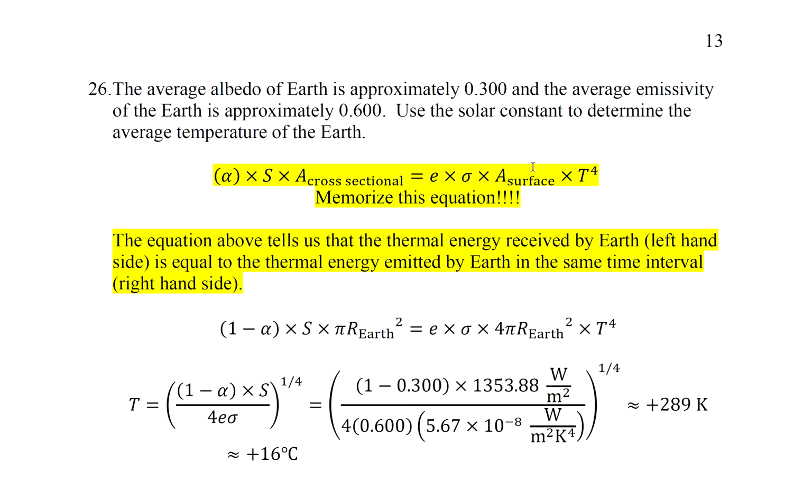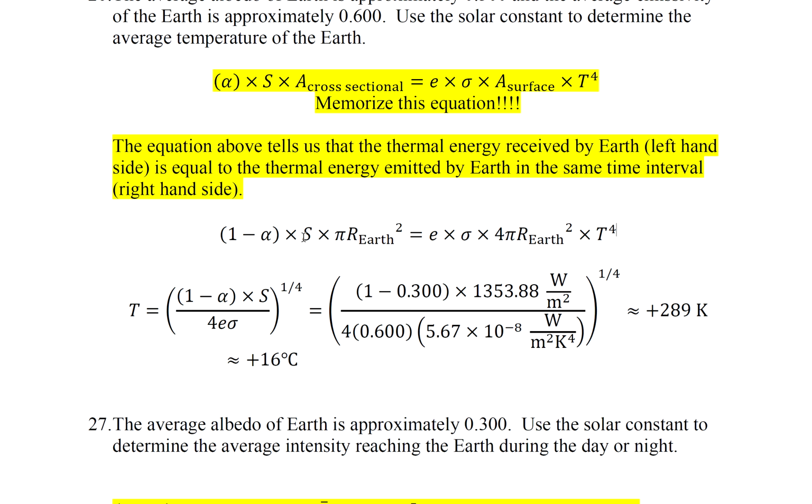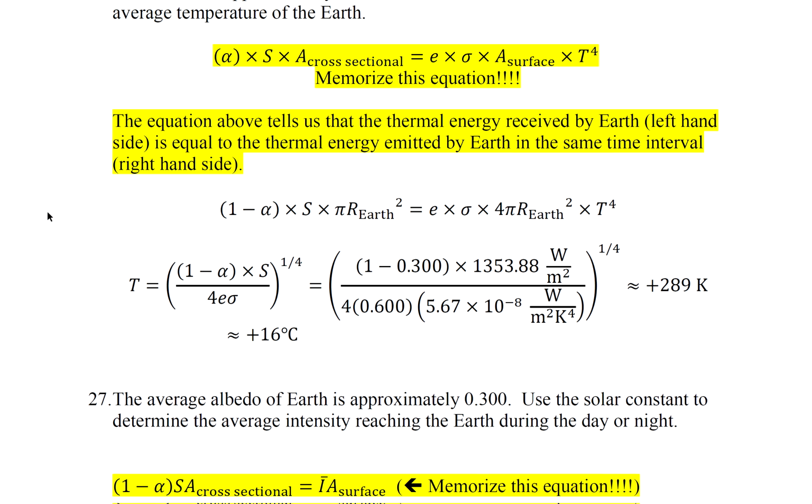So the thermal energy emitted by Earth is this, epsilon sigma A T to the fourth. And A is 4 pi r squared. So we end up getting about 16 degrees Celsius.